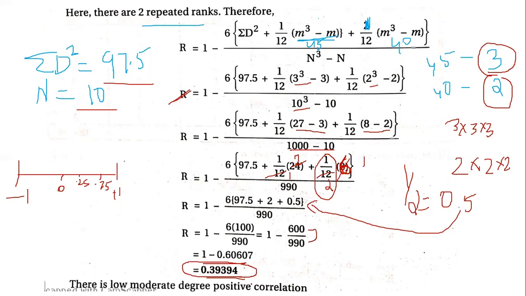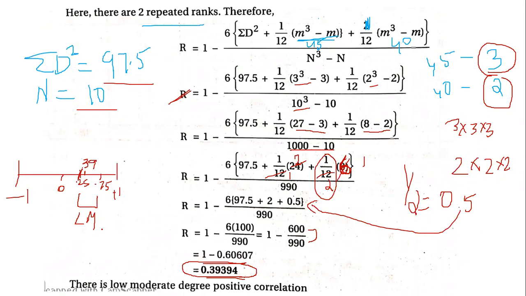Okay, now if you see, this number is very close towards 0. So you can take somewhere 0.39 to be this close, right? It comes in the moderate degree of correlation, but it is very close to 0.25. So that is why you can say lower moderate degree of positive correlation.